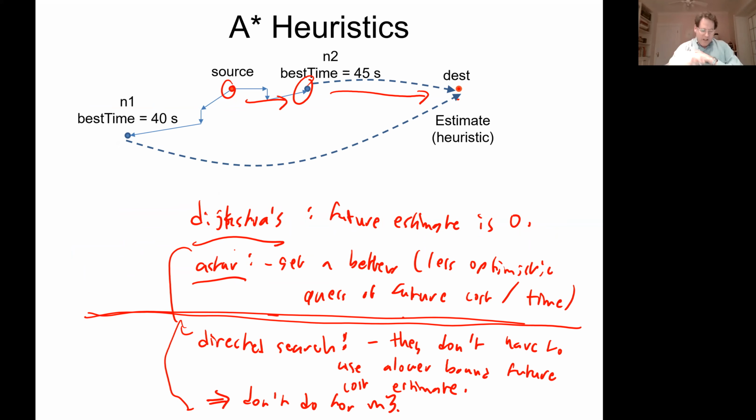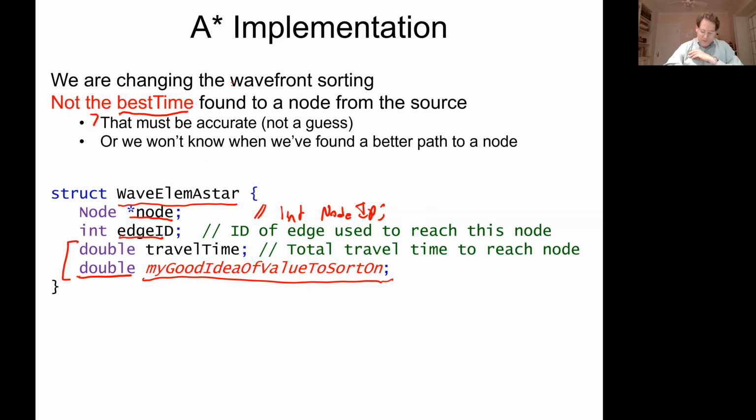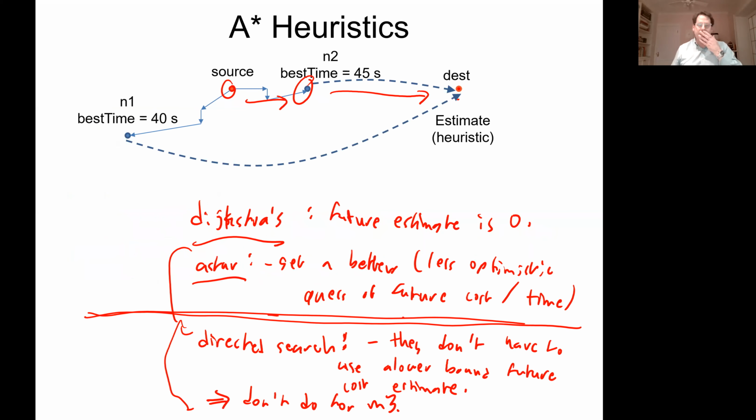So you can have a lot of bad things happen that are relatively subtle if your estimate to the destination is not an underestimate. I think you're right that if it wasn't an underestimate, but after you reached the destination, you kept searching for long enough, then you could probably still guarantee optimality. So there's probably another way you could do it in that case.